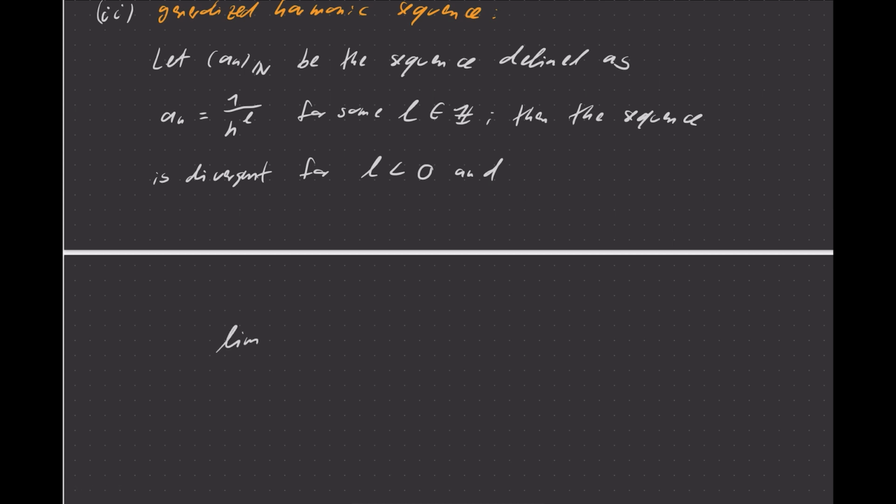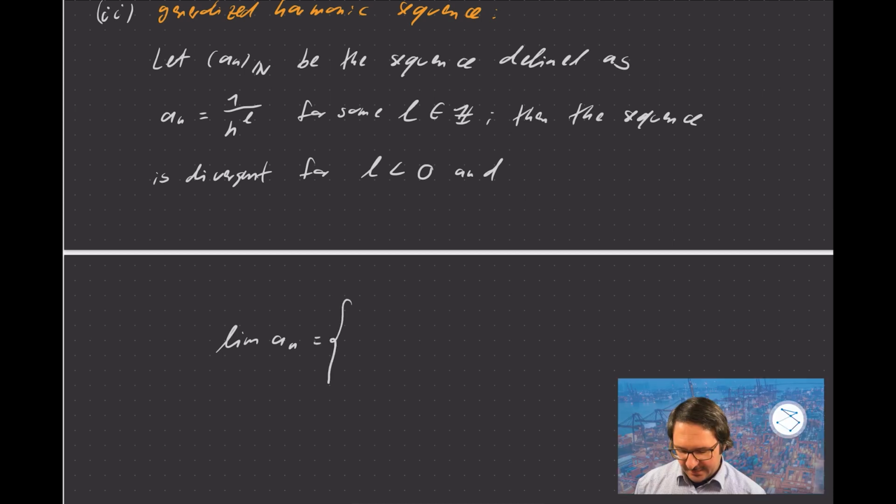So the limit of AN is, well, if L is positive, then we have 1 over n to the power of L. And as n increases, of course, that fraction decreases, so that gets closer and closer to 0.